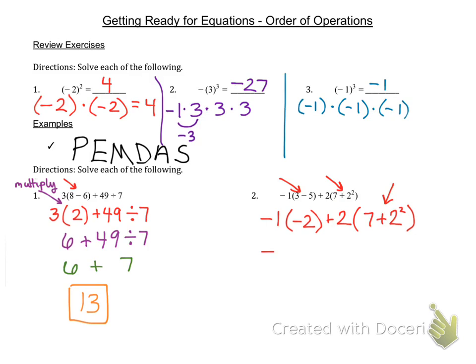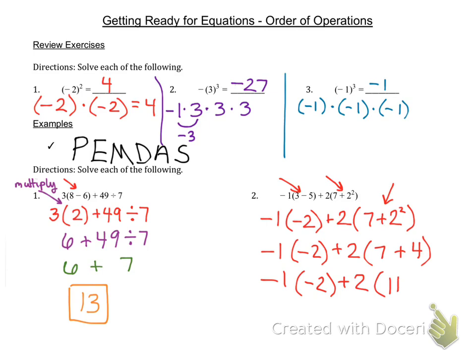So I'm going to rewrite the problem, negative 1 times a negative 2 plus 2 times 7 plus, now I'm going to deal with those exponents. 2 squared is 2 times 2, which is 4. Okay. Now I'm going to keep going with the parentheses. I still have to finish whatever's inside the parentheses. So I need to add together that 7 plus 4, which is 11.